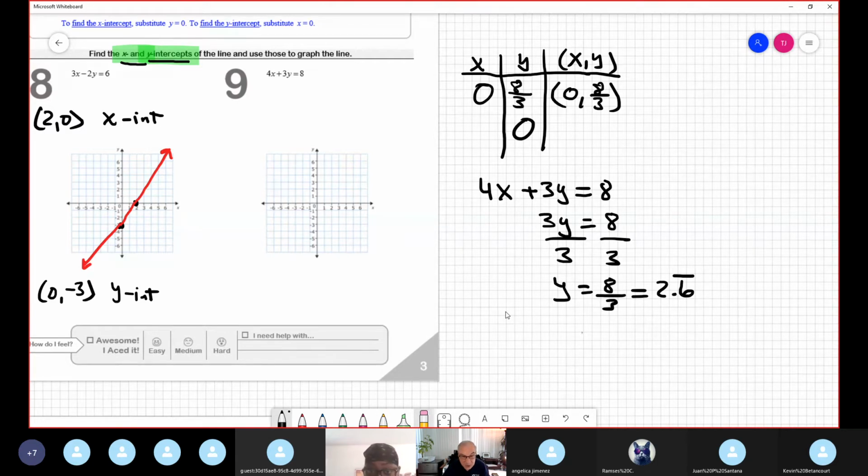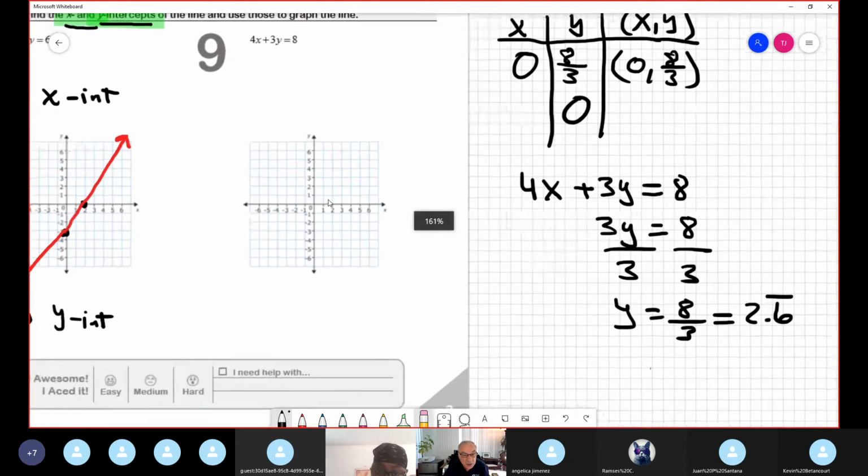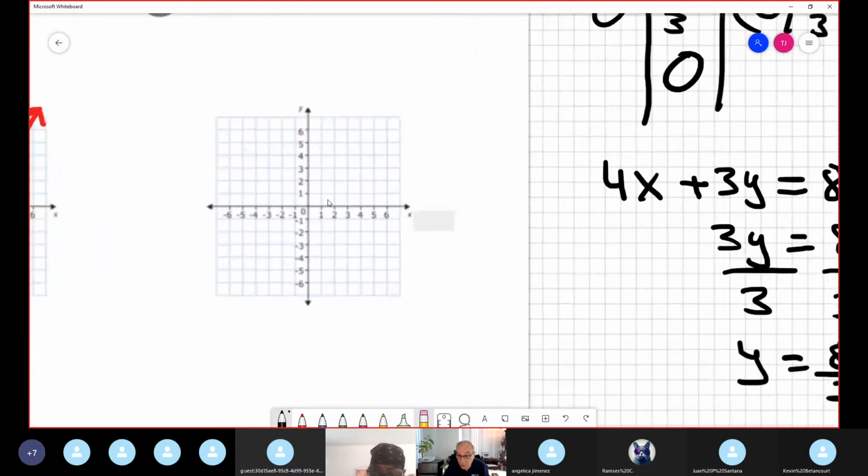It's between 2 and 3 on the y-axis, in the middle of 2.5, just a little bit closer to 3. Because I plot approximately, anything graphic is approximate. This point is 0, 2.6 repeated. Okay, I did that part.